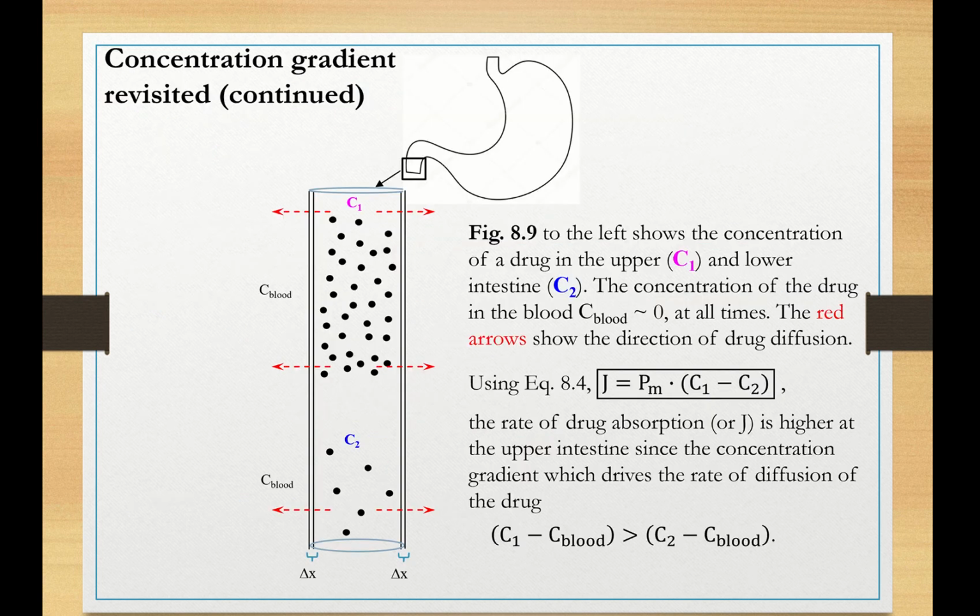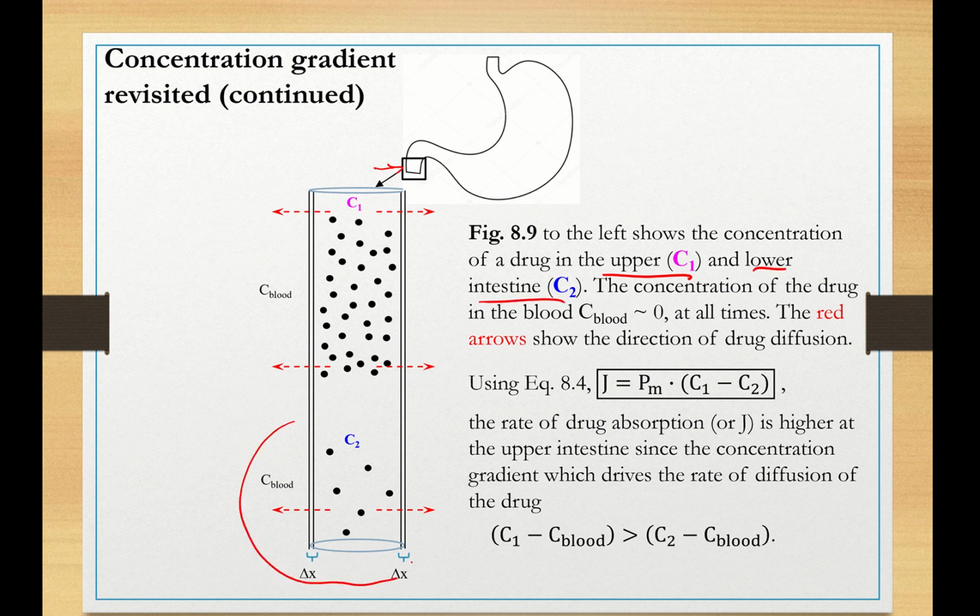So here in this schematic, I spent some time to draw this so we can understand exactly how the delta C, or the concentration difference, is so important, and it is the one that drives the process of drug transport. So assuming here we have a portion of the intestine, okay, this is the upper part, C1, and the bottom part of the intestine is C2, the lower.